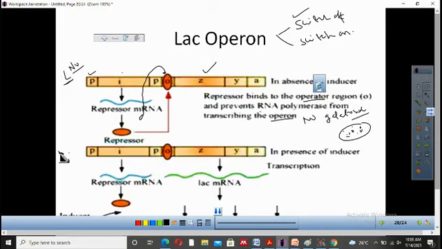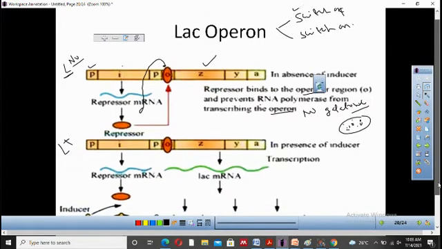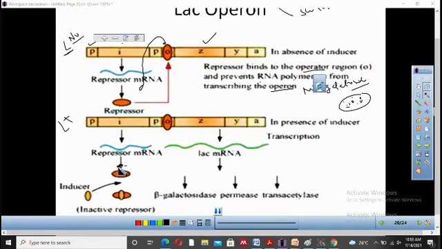But what happens when lactose is present? When lactose is present, it will inactivate the repressor molecules, and the repressor is unable to bind. There is no binding at all to the operator.